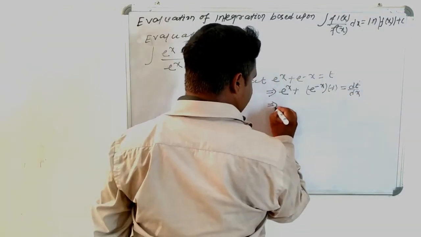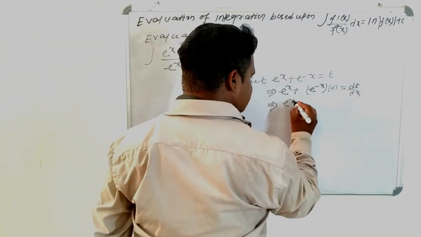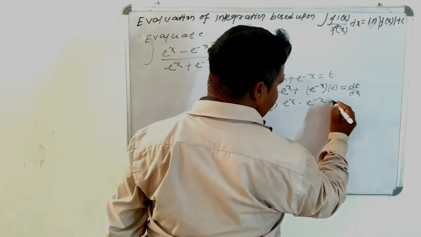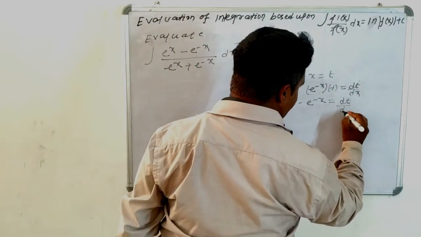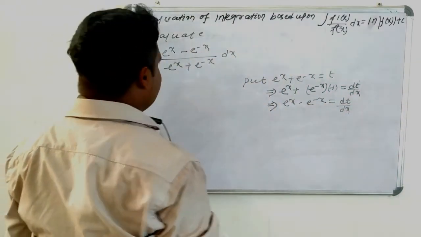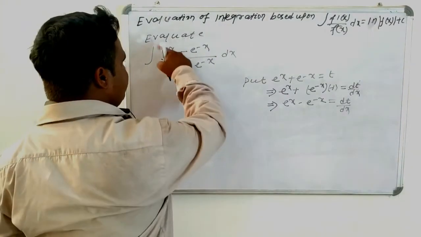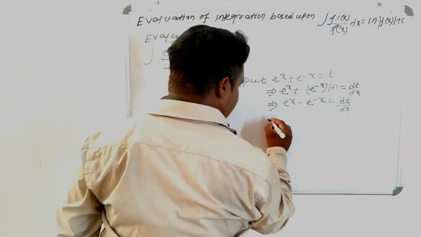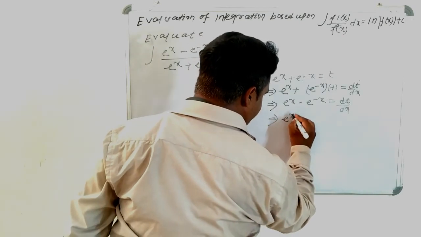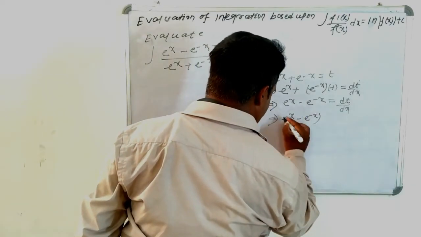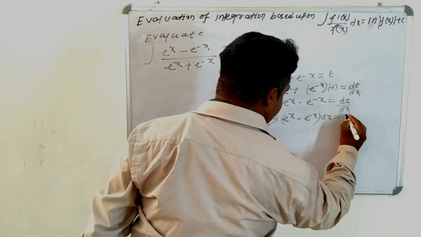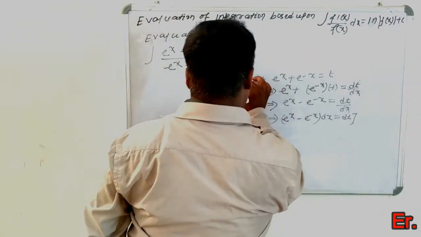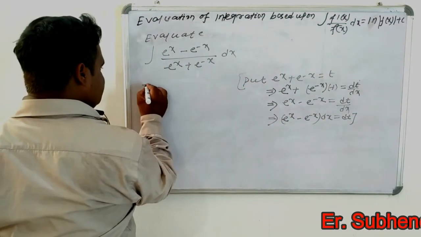This implies that eˣ − e⁻ˣ equals dt by dx. In the given part, (eˣ − e⁻ˣ) dx is in one level. So (eˣ − e⁻ˣ) dx equals dt.